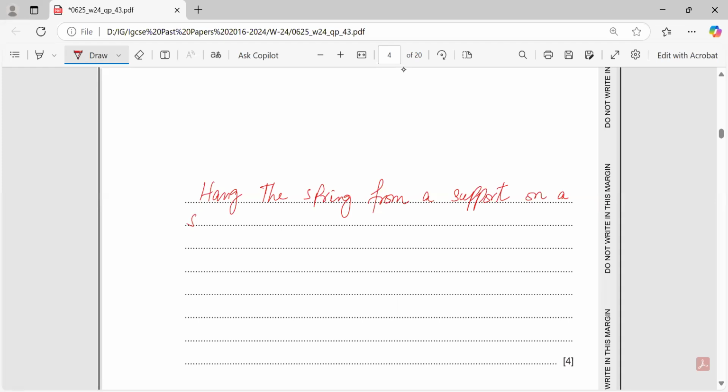Then measure the initial length using a ruler, a meter rule, you can say.